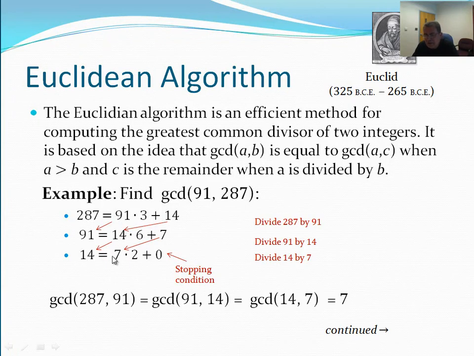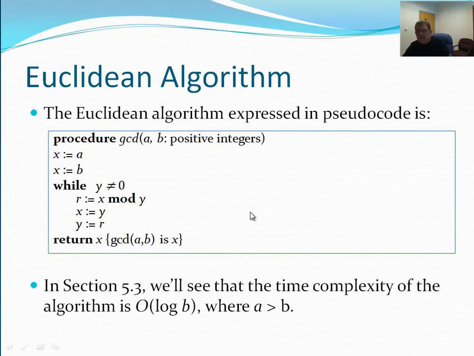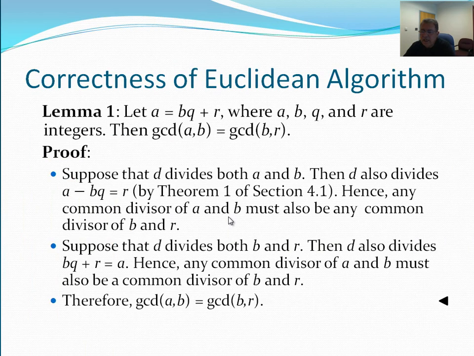You divide 14 by 7, quotient is 2, remainder is 0. And this is the stopping condition. So you say the greatest common divisor of 287 and 91 is 7. It's very simple. And here is the algorithm that you could use and write down.